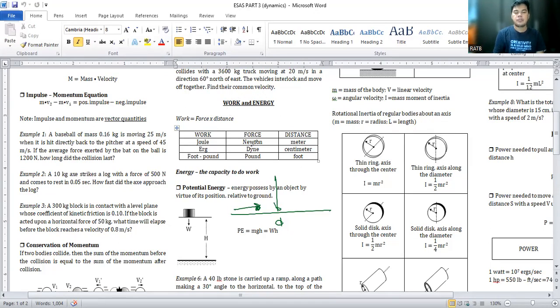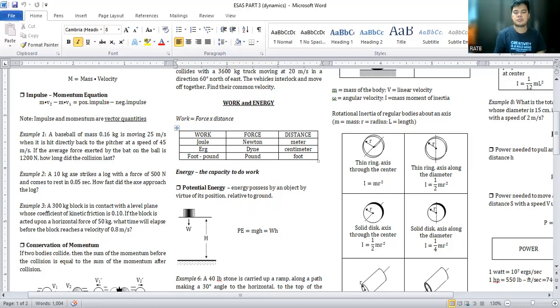And these are the standard units for work: the joule, erg, foot-pound, and then the corresponding units also for the quantities force and distance.